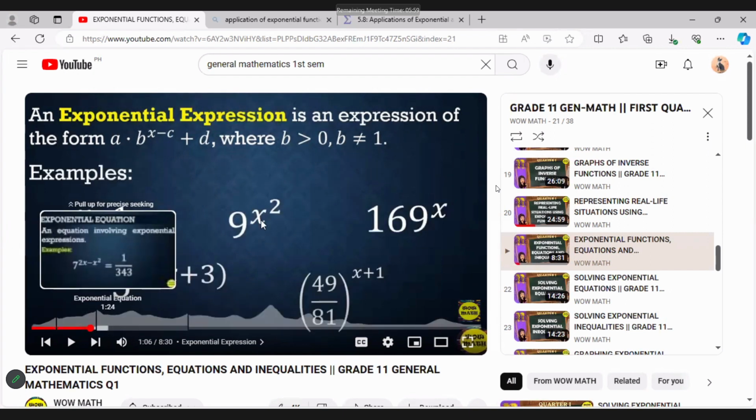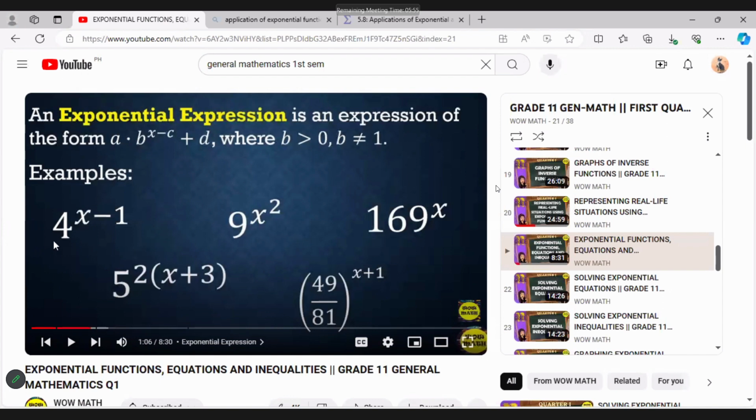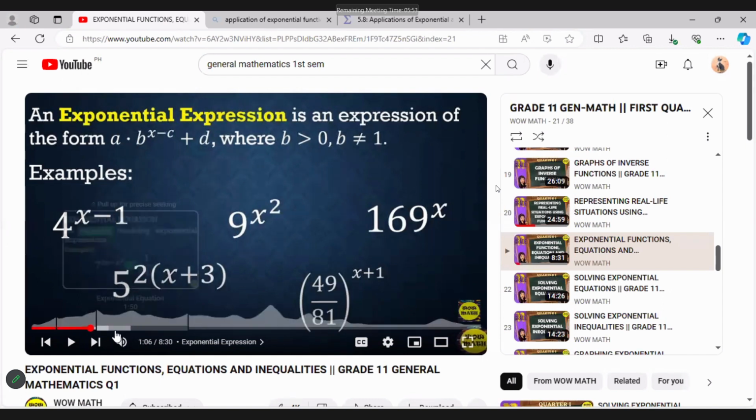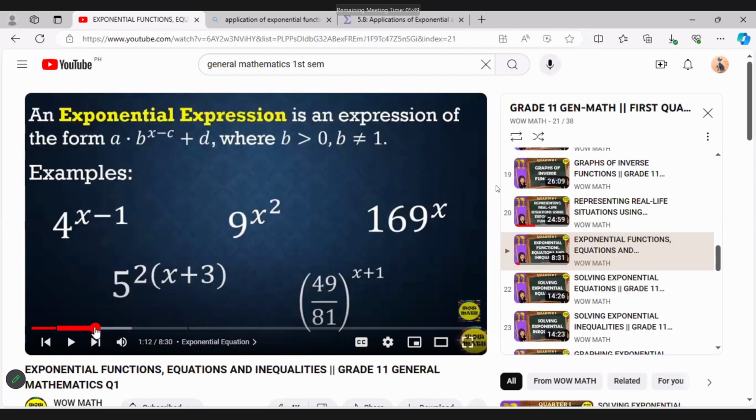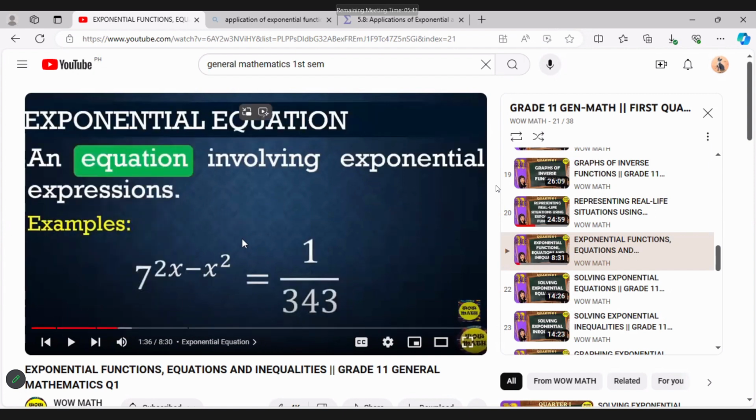If you have an example, this one is an example. It is an exponential expression. It has no equal sign, so it is an expression. An equation has an equal sign.